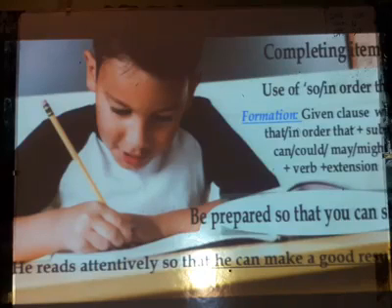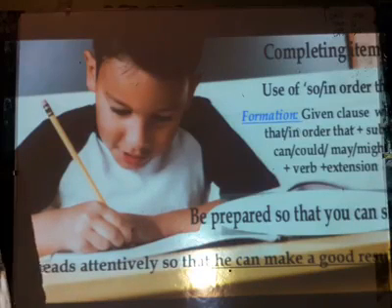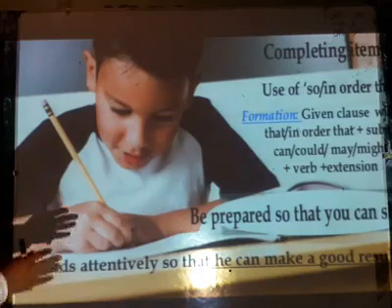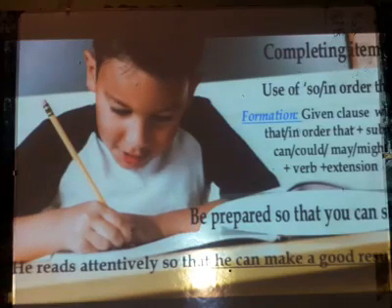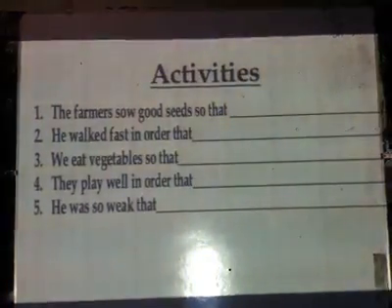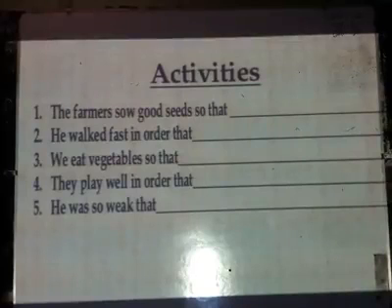Dear student, as there is a present tense here, you have to use can or may after subject. But when there is a past tense here, you have to use could or might after subject, then verb 1. Okay. I hope that you have understood it. Now activities for you. There are 5 sentences here. You will practice yourself at home. Okay.